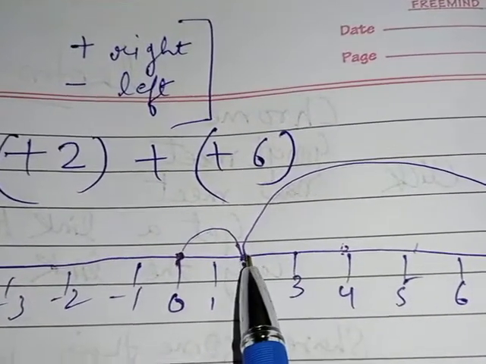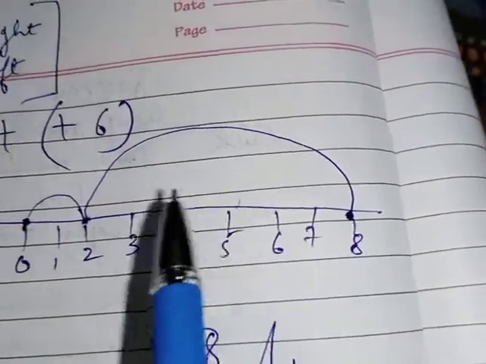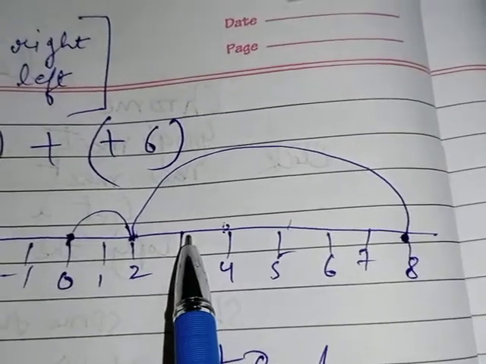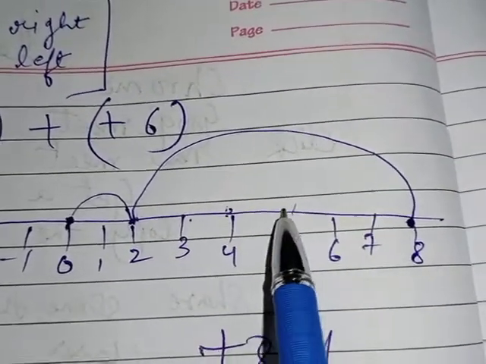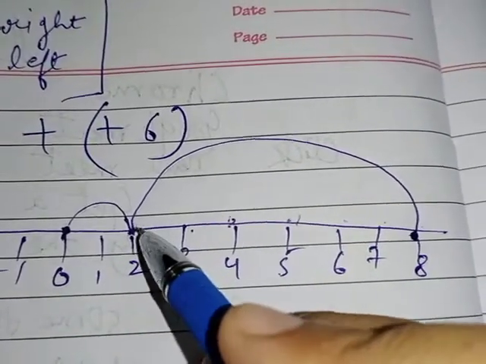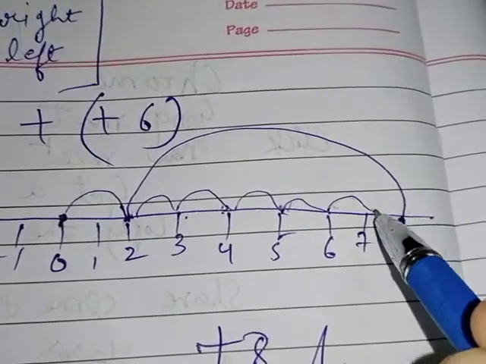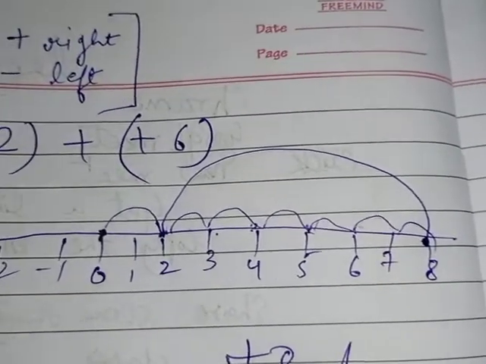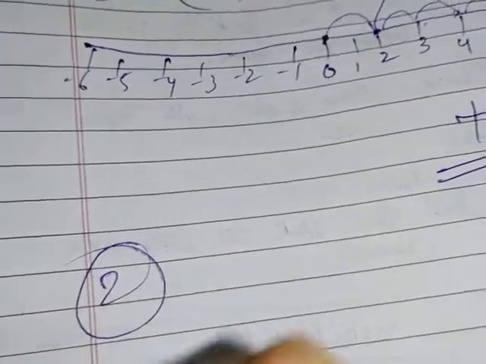So from this 2 we will move 6 steps on the number line. How? From 2 to 3 we have 1 step, 3 to 4 second step, third, fourth, 5 and 6. You can show the 6 steps which we are moving with small arcs like this. Clear?